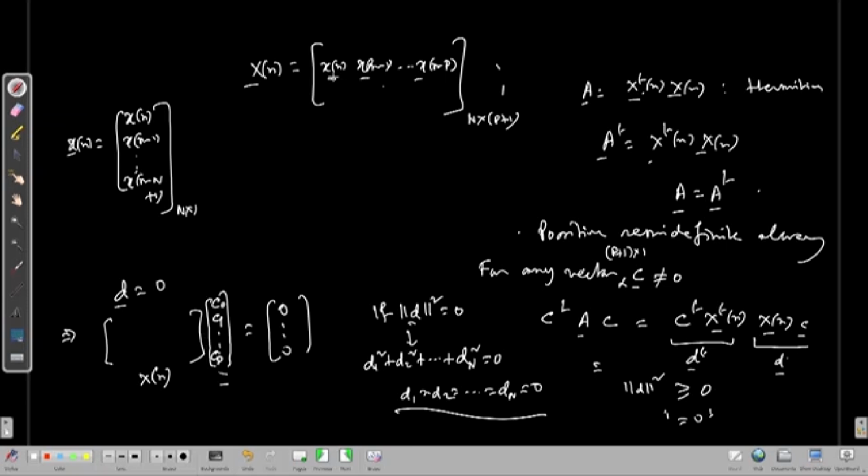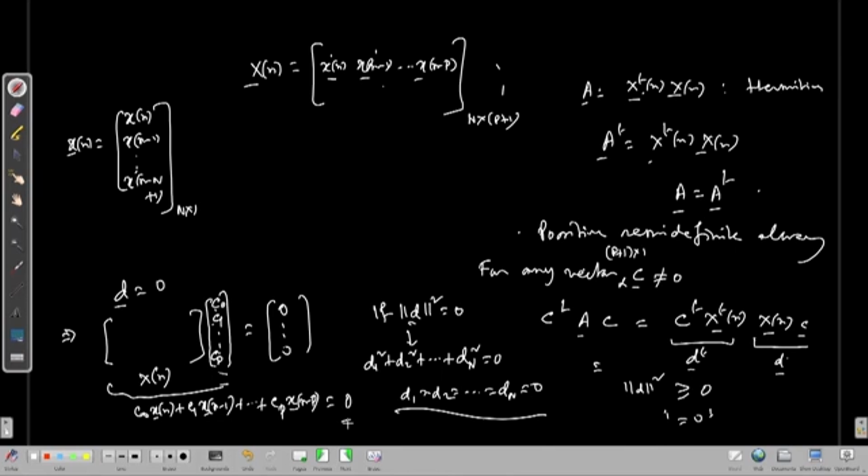It is basically linearly combining the columns by these coefficients. This is c0 times the x_n vector, c1 times the x_{n-1} vector, dot dot dot, cp times the last vector. Okay, that is all 0.